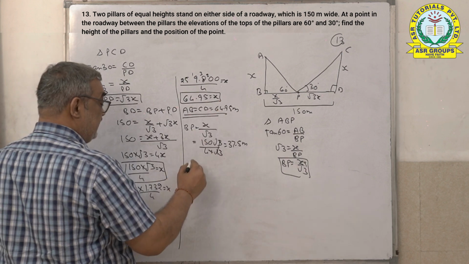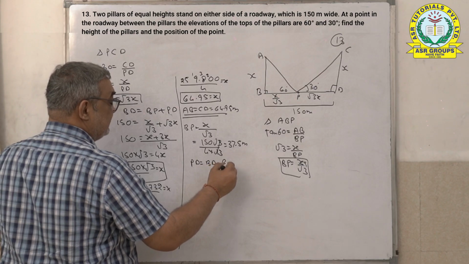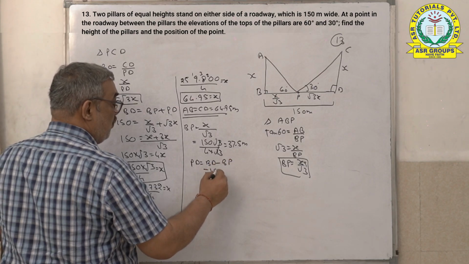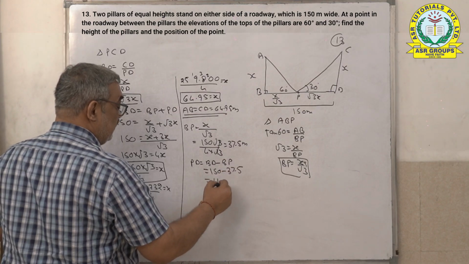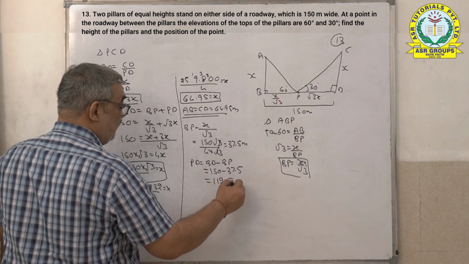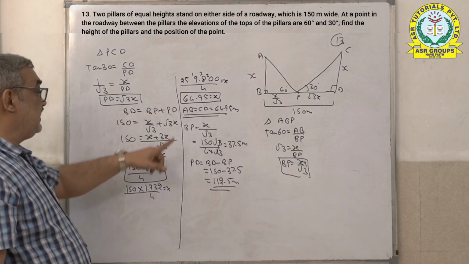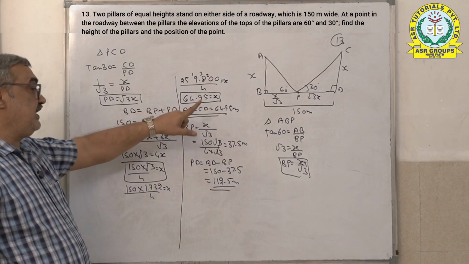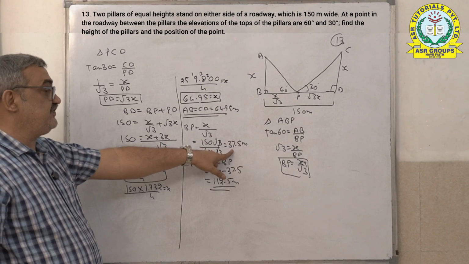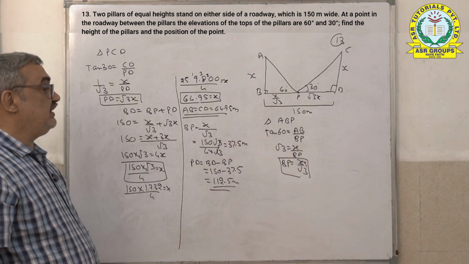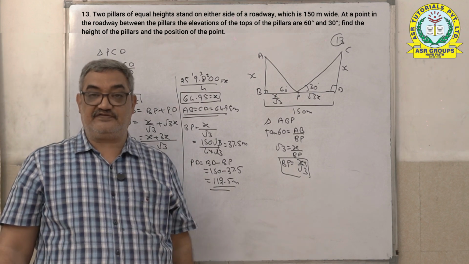You can find PD from BD minus BP. 150 minus 37.5 equals 112.5 meter. So I got the height of the pillar 64.95, I got BP 37.5 meter, I got PD 112.5 meter. Got it? Thanks.